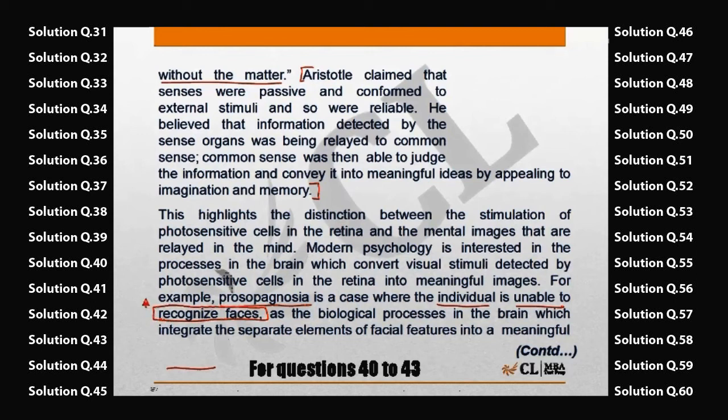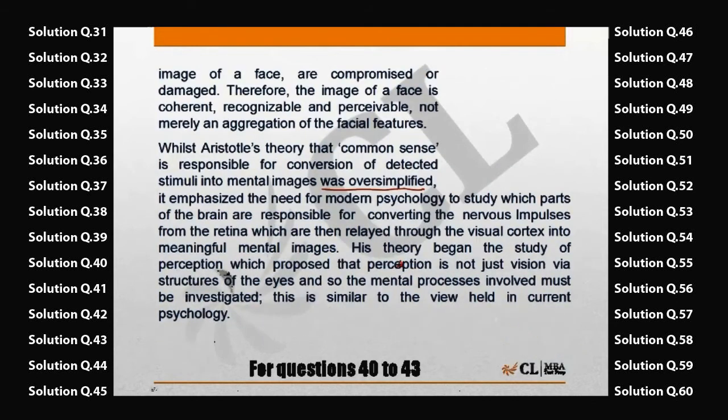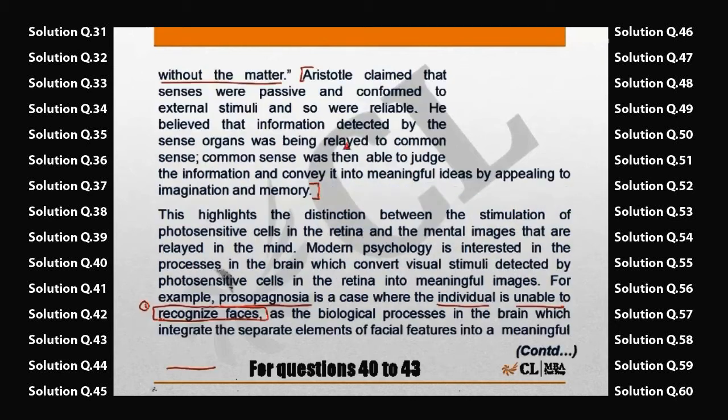That is a very key part. As a biological process in the brain which integrates the separate elements of facial features into a meaningful image of a face are compromised or damaged. Therefore, the image of a face is coherent, recognizable and perceivable, not merely an aggregation of the facial features. So the key idea is unable to recognize faces.